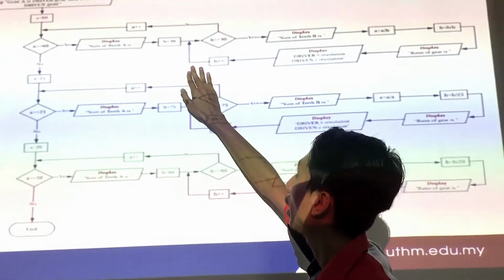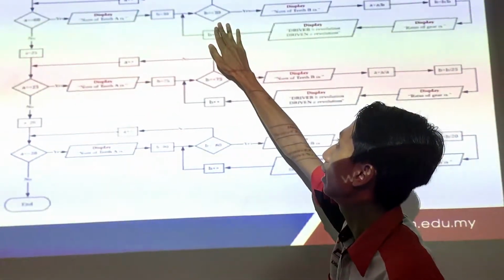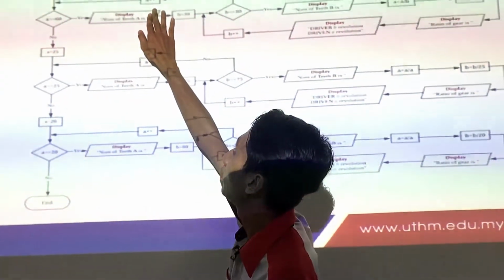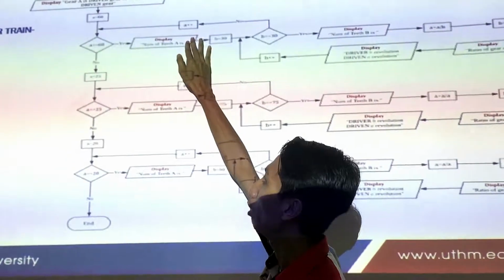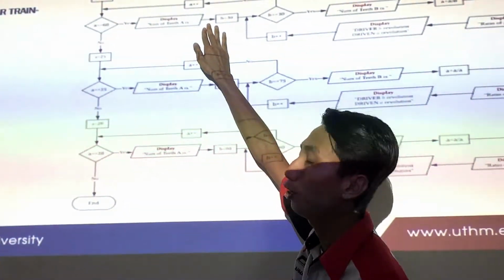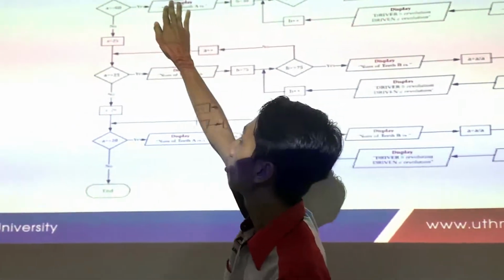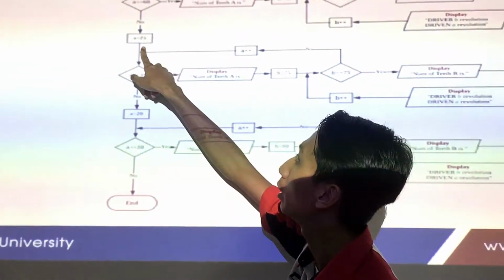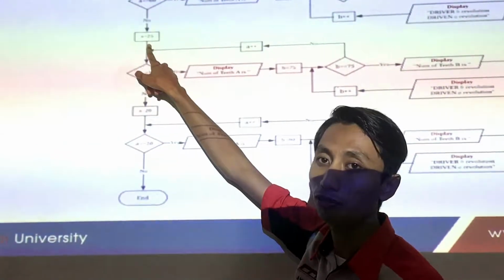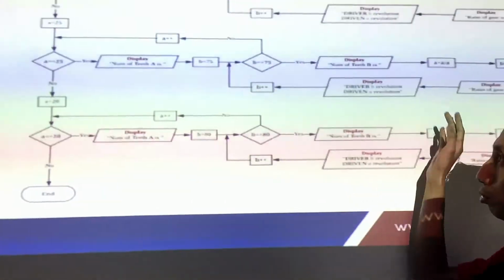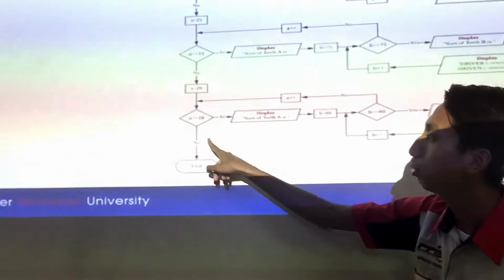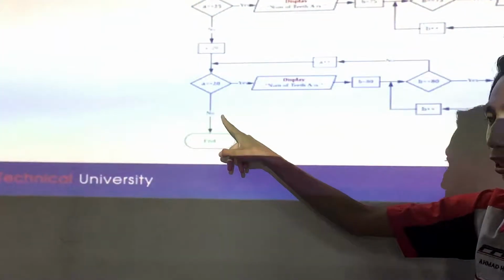If the statement is not true, we go to A++, which increases the value from 60 to 61, then to the value of A being 25. The process continues until it reaches A of 20. When it is not equal to 20, the process ends here.